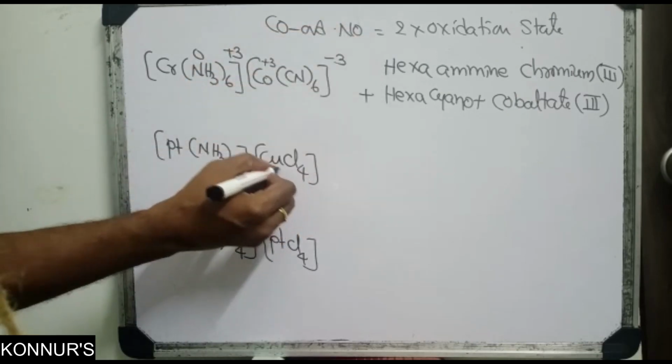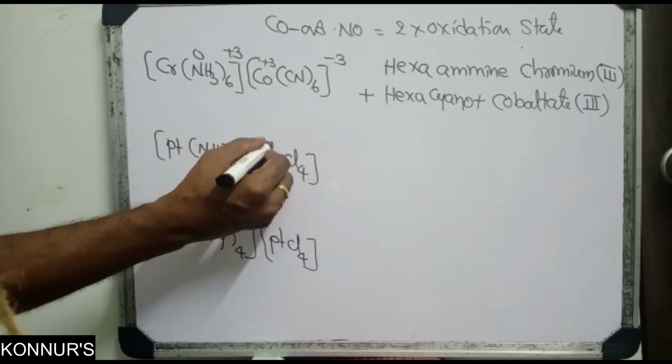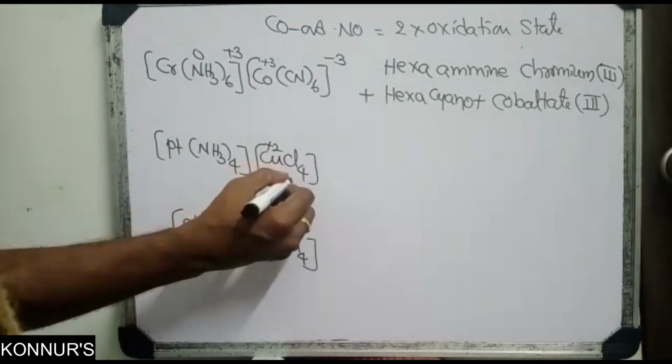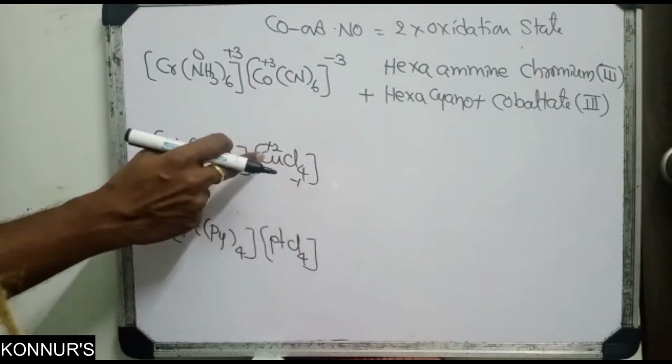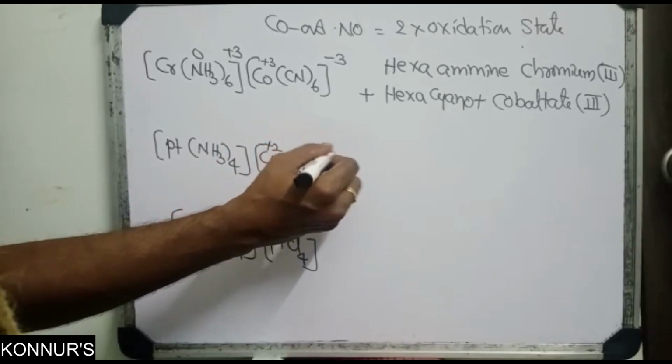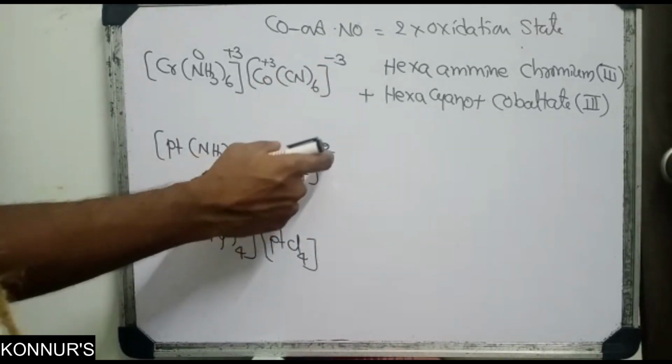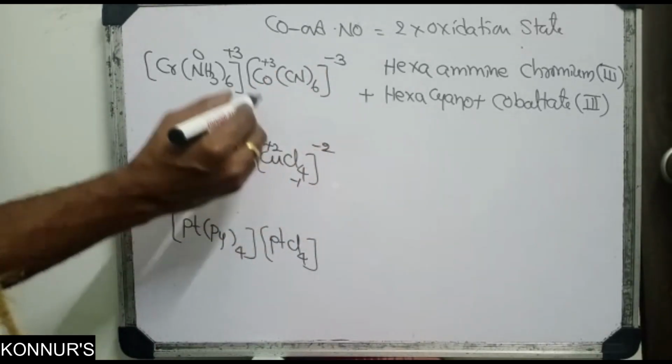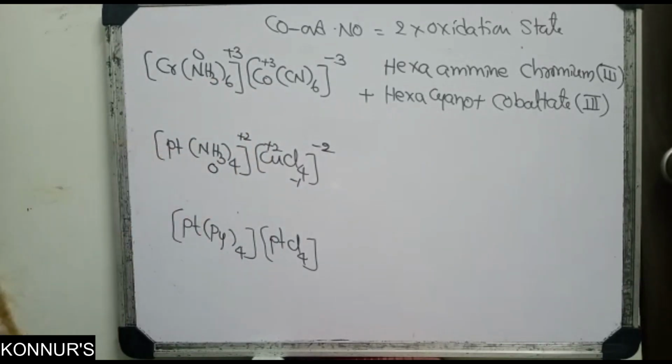Here the number is 4. Coordination number 4 means half of the oxidation state, so that's why it is plus 2. Here 4 negatives are there; 2 are neutralized, remaining 2 are on the top. This complex is minus 2 means this complex becomes plus 2. Ammonia is 0, so that's why plus 2 is going to platinum only.